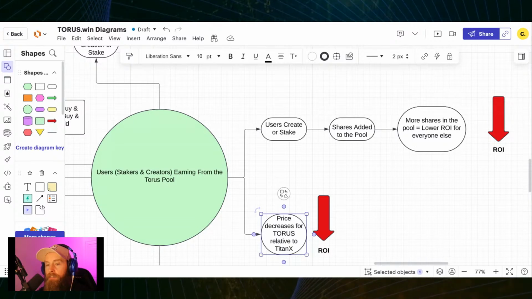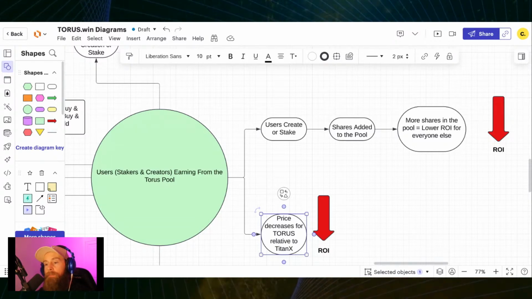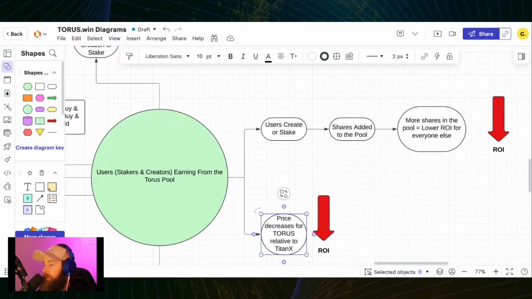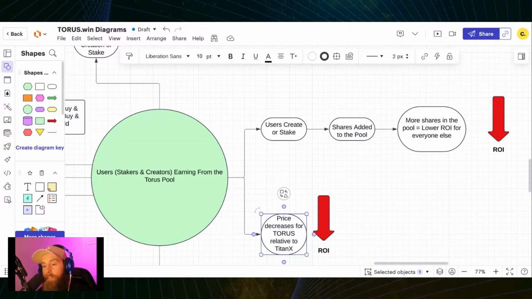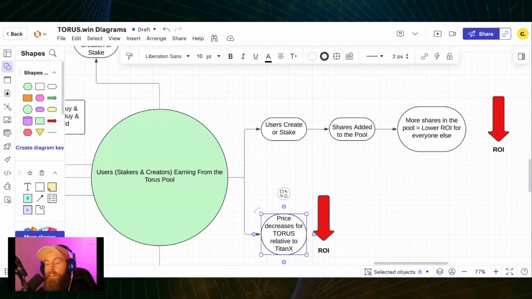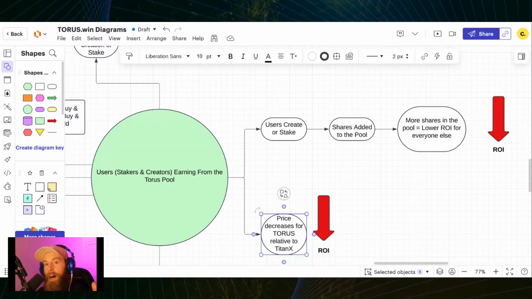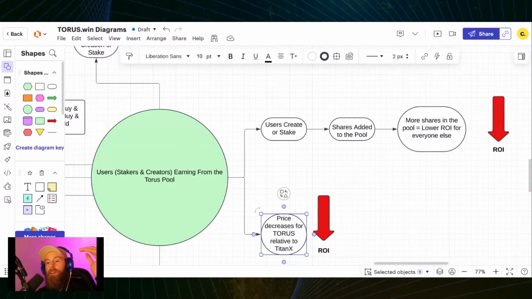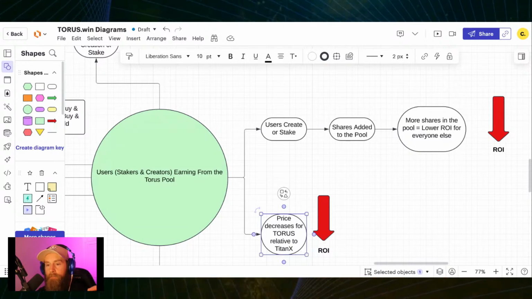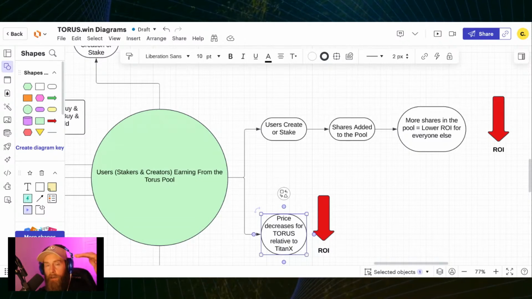But if those same 10 shares cost $10 each, it might take you 100 people to buy up those same shares if everyone only wants to spend $1, but everyone's still getting the same ROI because the shares went up in value, but the amount of shares total in the pool stayed the same because the price went up, the cost went up, right?